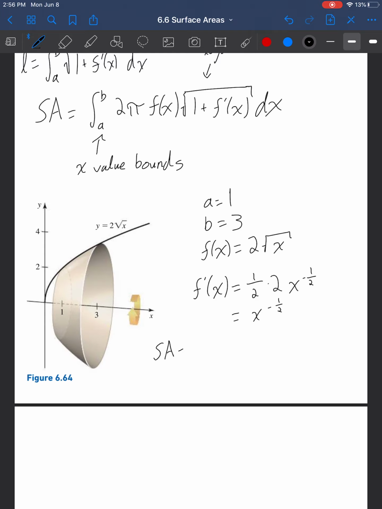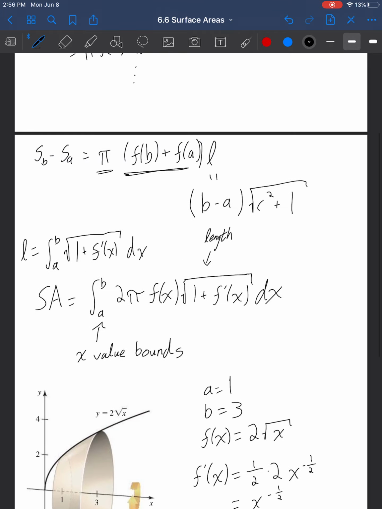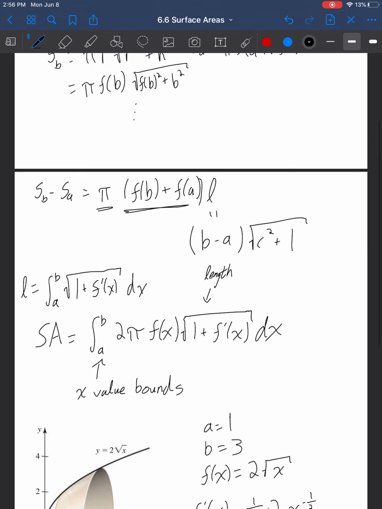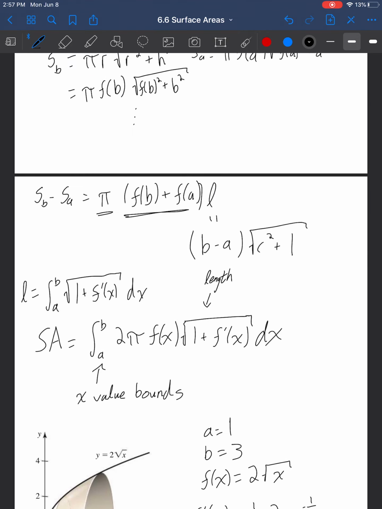So the 1/2 and 2 cancel to give me x to the negative 1/2. Okay, so plugging everything into my formula, I get that the surface area is equal to the integral from 1 to 3 of 2 pi times 2 square roots of x times the square root of 1 plus, excuse me, there is a mistake in this. My length formula should be given by f prime of x squared. Apologies for that.